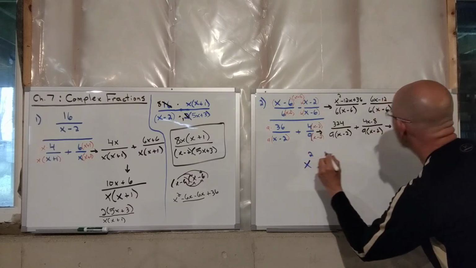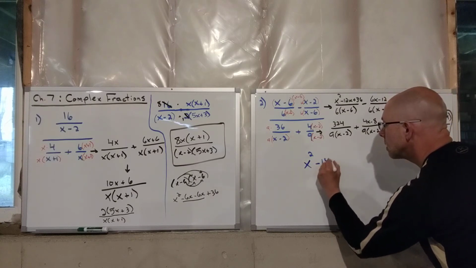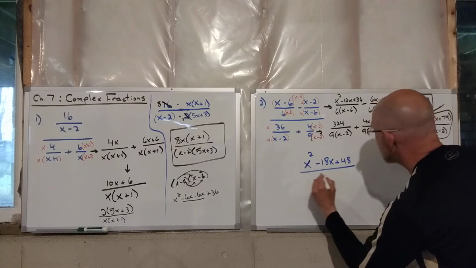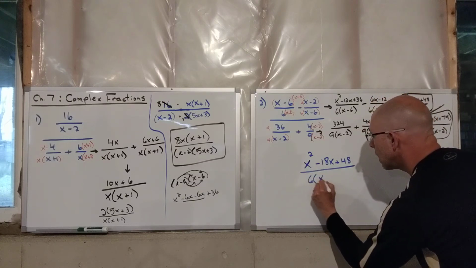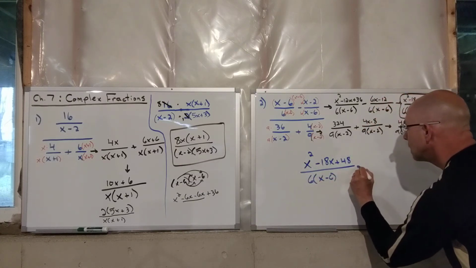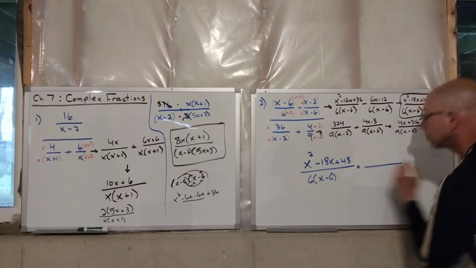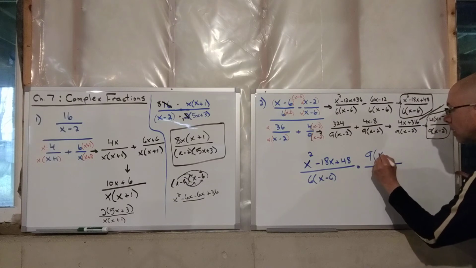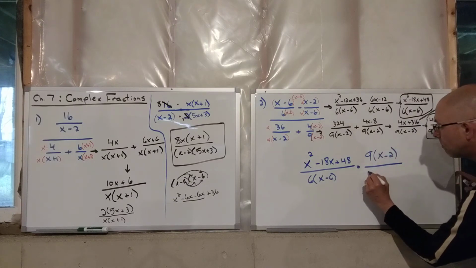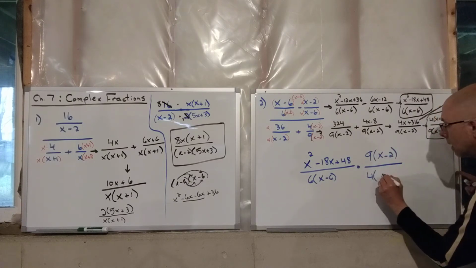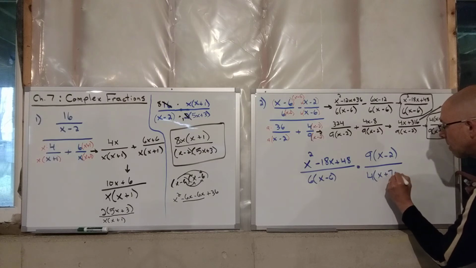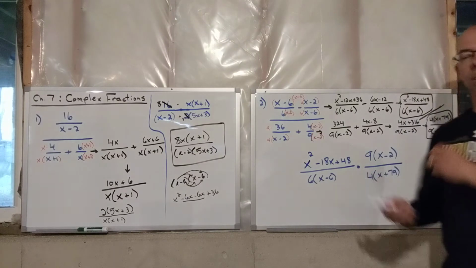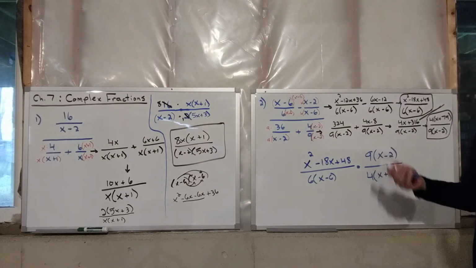X squared minus 18x plus 48 all over 6 quantity x minus 6 times 9 quantity x minus 2 all over 4 quantity x plus 79. Some pretty crazy numbers going on here, but that's what happens with complex fractions. They're messy.